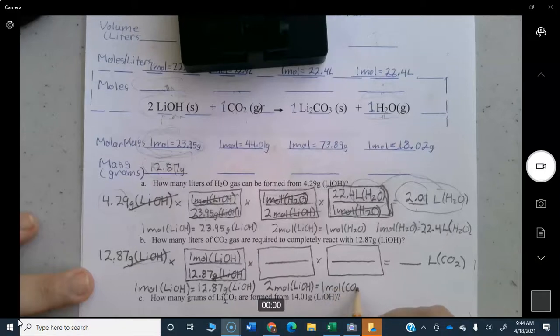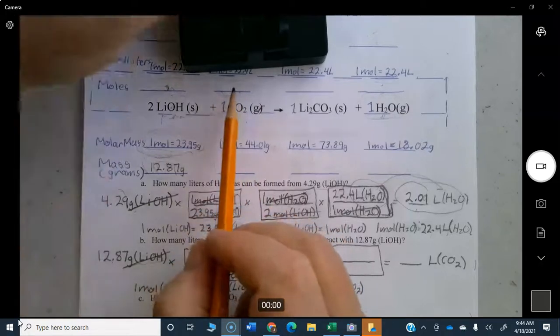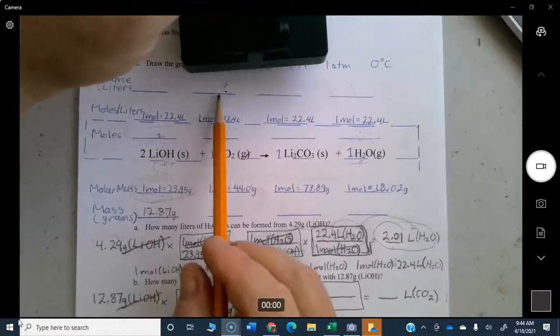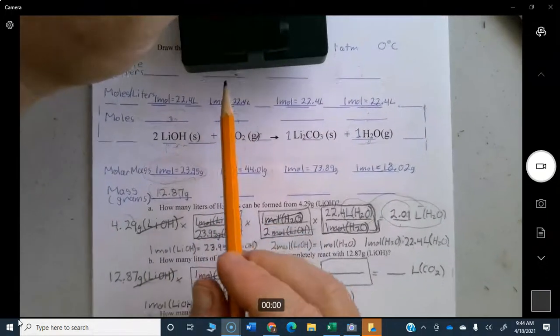Okay, which one goes down here? It's the same one that you see up here, moles of LiOH, so this one does. Moles of LiOH cancels. So now we're in this box right here, and now we got to come out using this standard conversion at STP to get to liters of CO2.